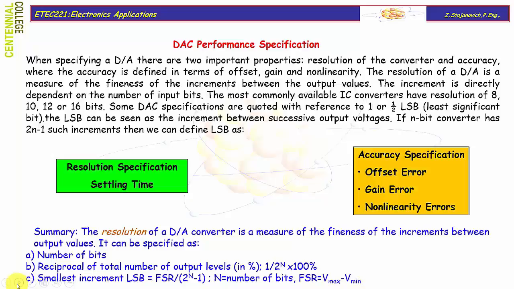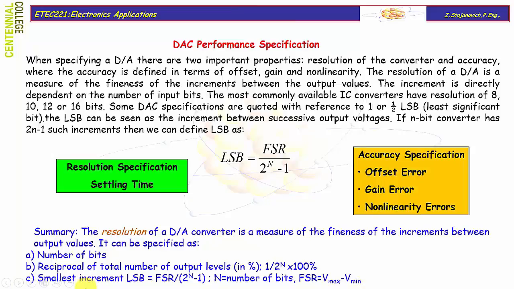Some DAC specifications are quoted with reference to 1 or half of the least significant bit. The least significant bit can be seen as the increment between successive output voltages. If an n-bit converter has 2 to the power n minus 1 such increments, then we can define the least significant bit as full scale range over 2 to the power n minus 1.